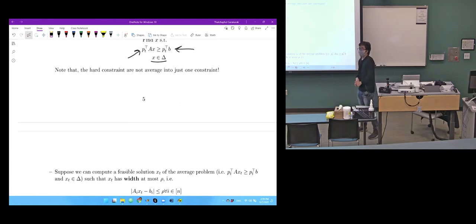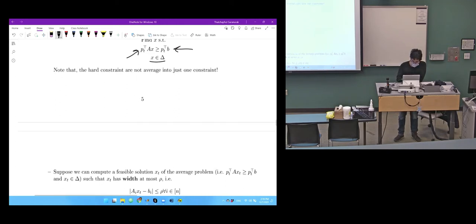In every round, you will find a different x. So given this problem, you just find this feasible solution xt for the average problem of round t. So that this is certified and this is certified.